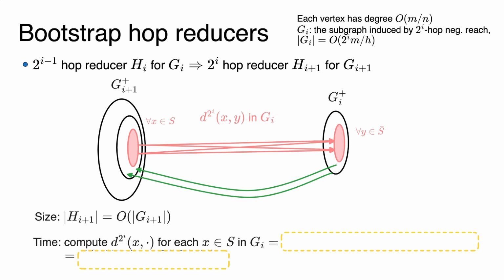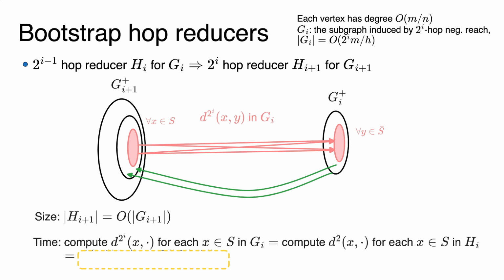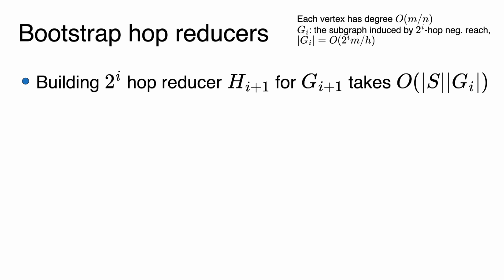So if we utilize the hop reducer hi, the problem is reduced to computing two hop distance for each negative vertex in hi. So overall, it takes the number of negative vertices inside S times the size of hi, which is roughly the size of Gi. So now we know it takes this much time to build the hop reducer hi plus 1.